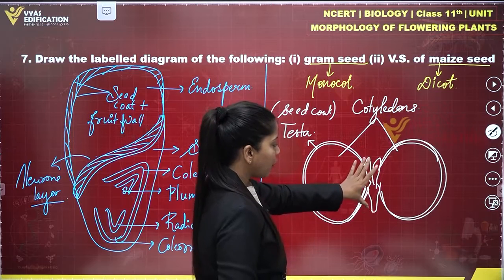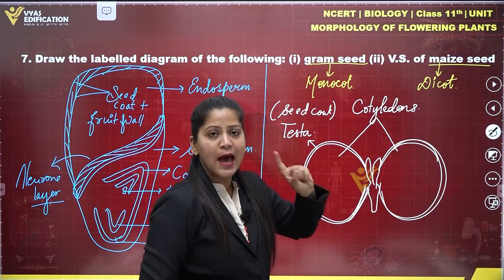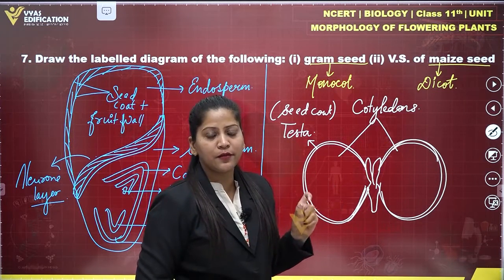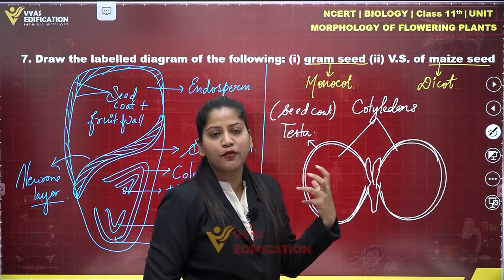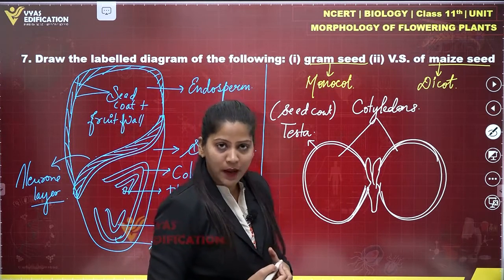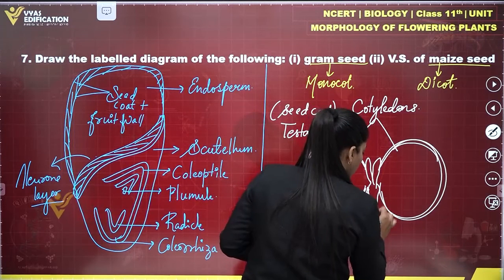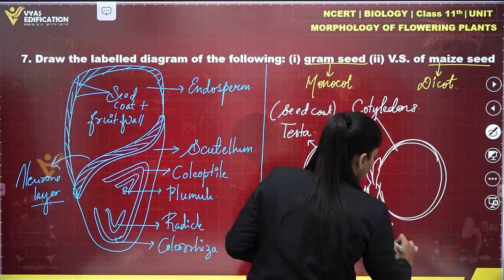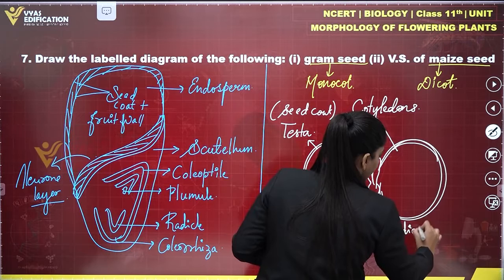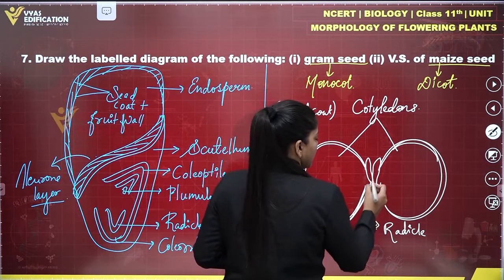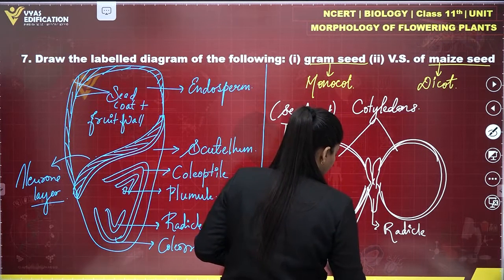Then on the embryonal axis there is plumule and radicle, which are responsible for giving rise to the shoot system of a plant and root system of a plant. So at the lower position we have radicle over here. This is radicle, and in this position we have plumule.